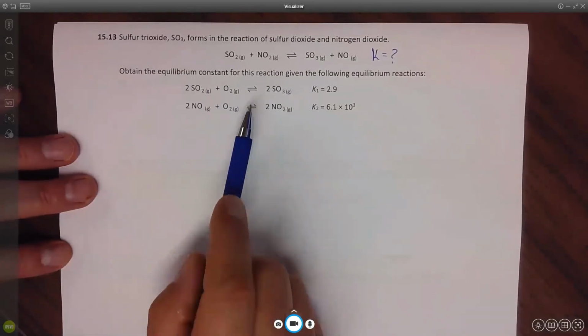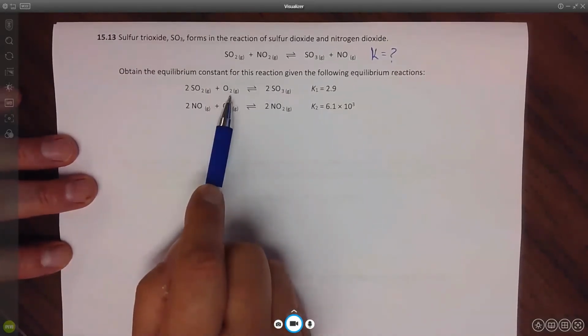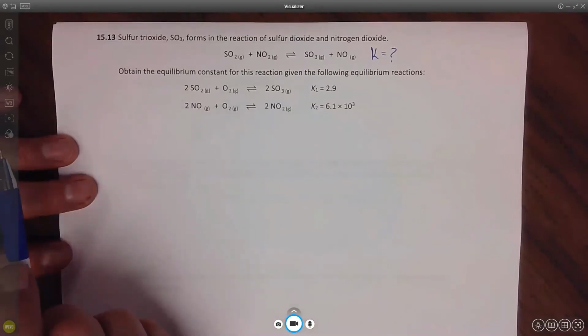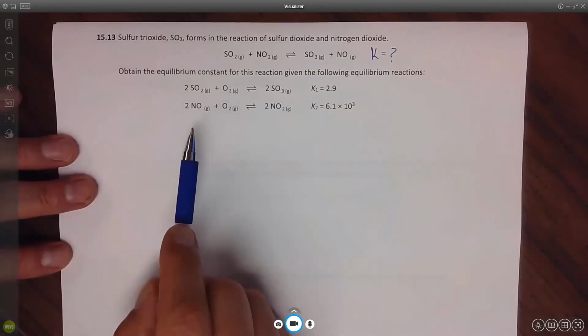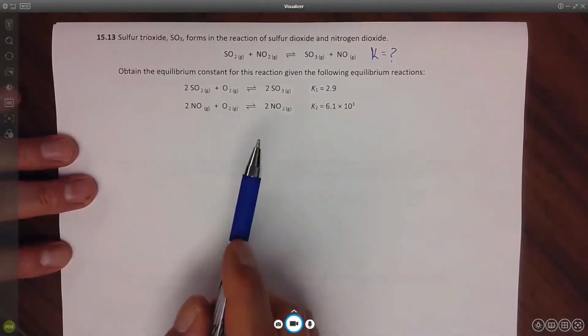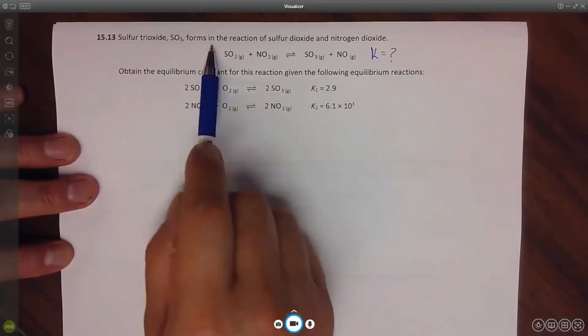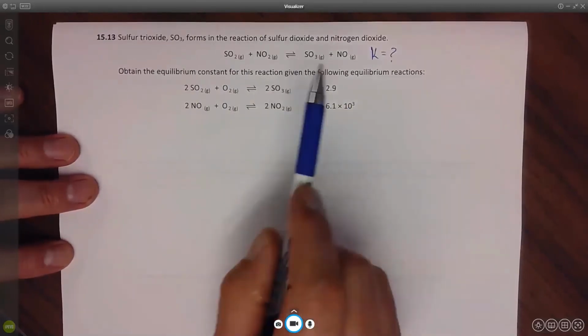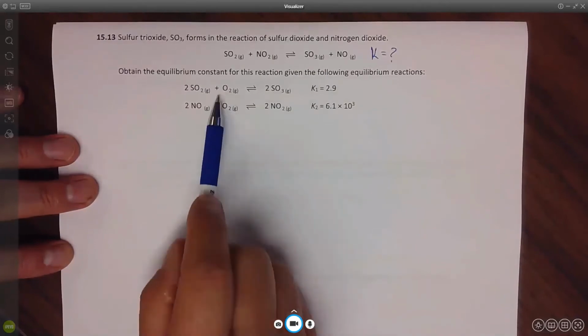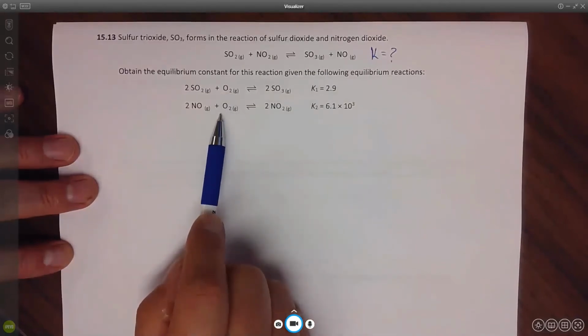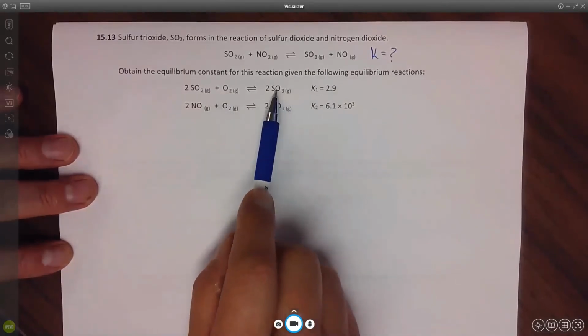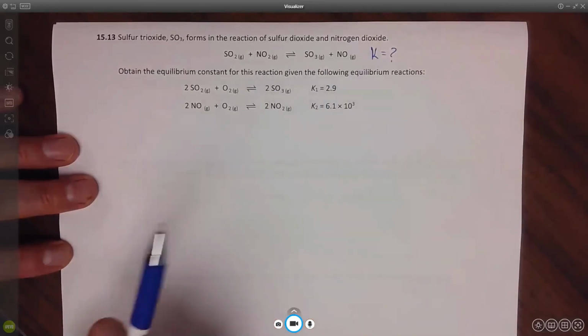What about O2? It appears in both of them, but it doesn't appear in the original. Right. So it actually has two strikes against it, right? It's not in the original equation at all, so we don't really care about it. And on top of that, it's appearing in multiple equations down here. So we would ignore that. We could also look at the SO3, right? Because again, it only appears in one and it appears in our overall.